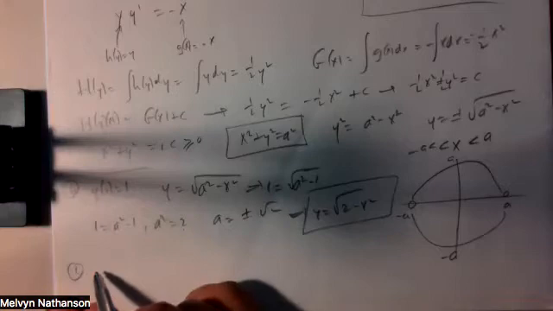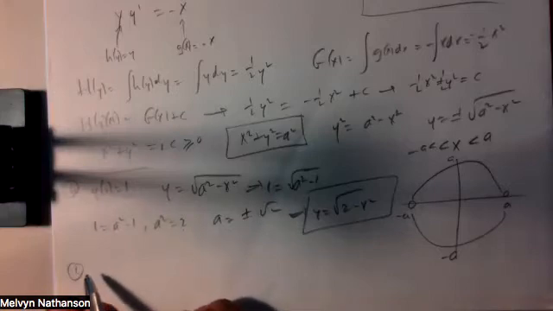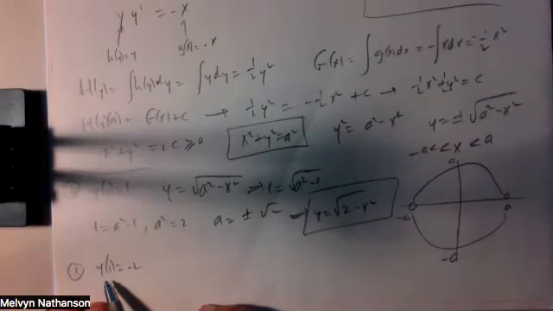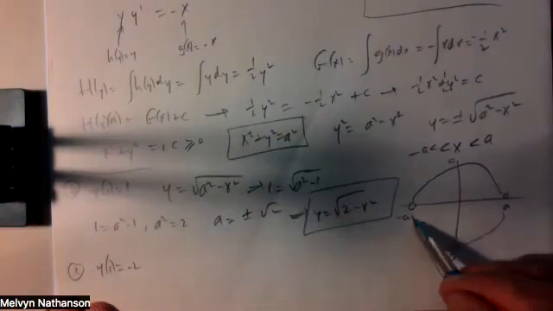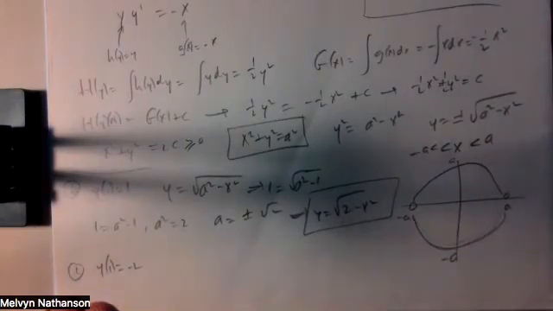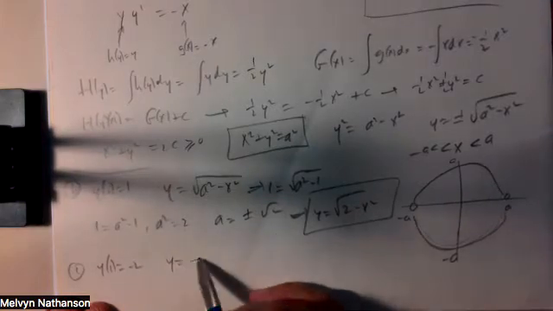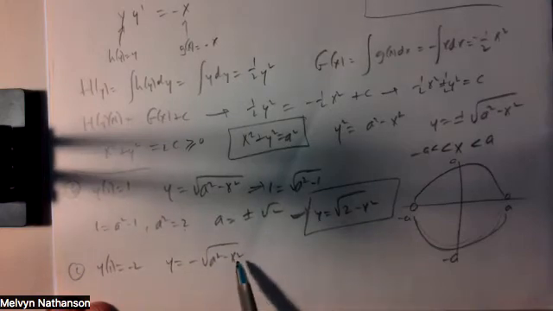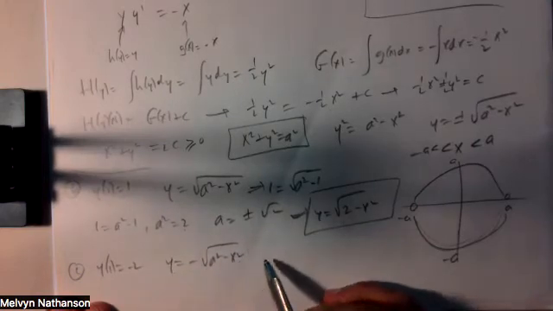And suppose you want to solve the differential equation with the initial value y of 1 equals minus 2. In that case, the solution has to be negative. That means you're looking at the bottom half, the bottom curve. So the general solution is y is minus the square root of a squared minus x squared. And when x is 1, y is minus 2.